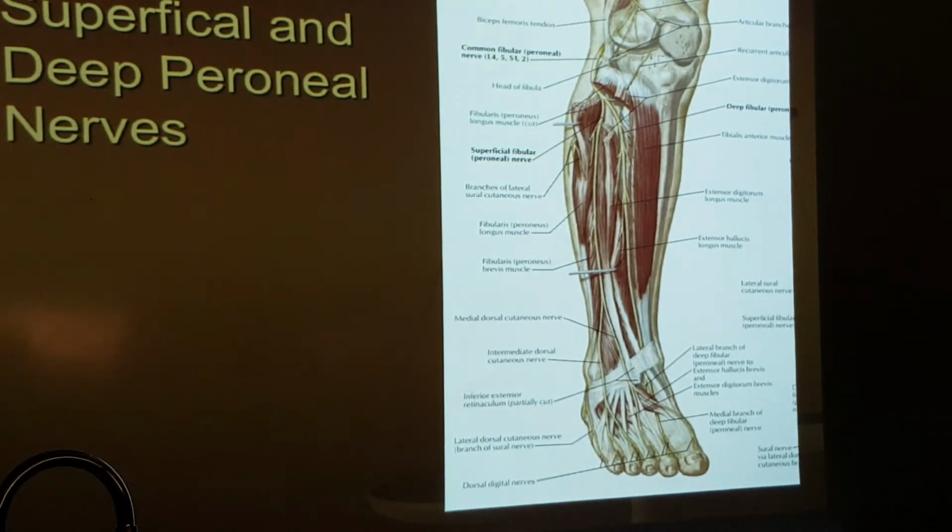Okay. And so you could see the deep peroneal nerve runs fairly deeply in the anterior shin region. The shin really has more muscles than you would think. Feels kind of bony and empty, but boy, that's a lot of muscles in there, as you may recall.